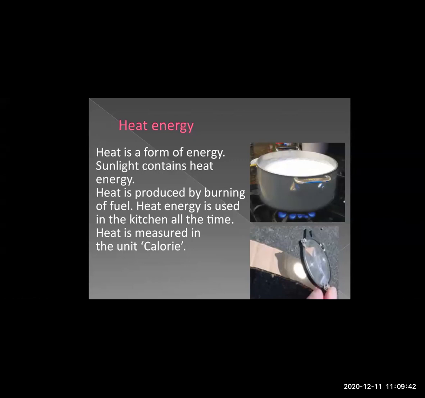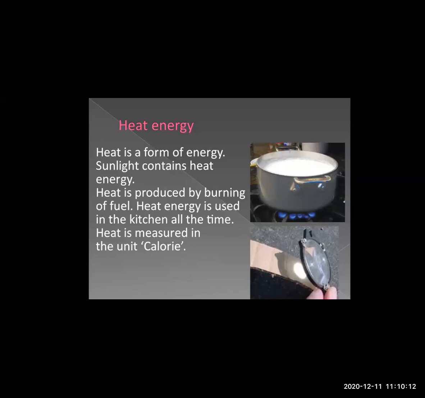Okay, so what is heat energy? Heat energy is used in the kitchen all the time. It is the heat which is used in the form of energy for cooking food. Even sunlight contains heat energy. When you're going out in the summer season, you feel very hot, and it seems that you get some small burns due to the sunlight.